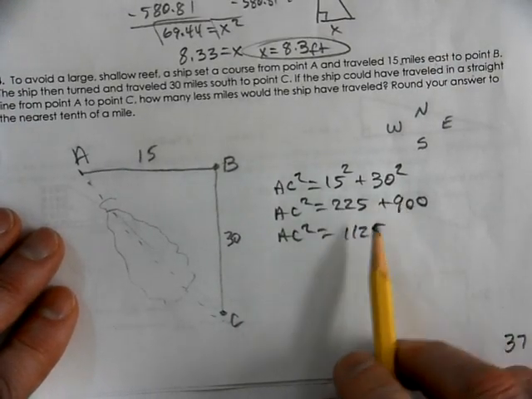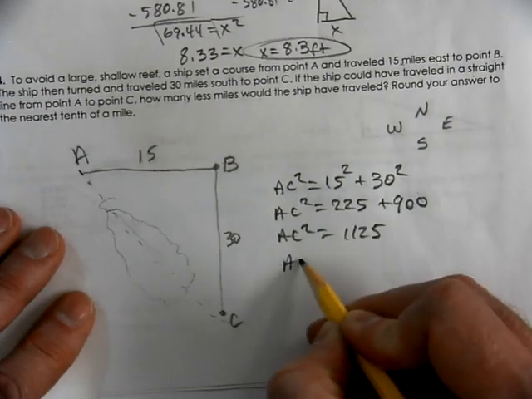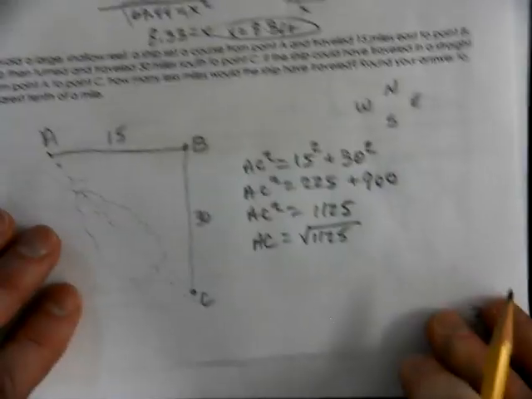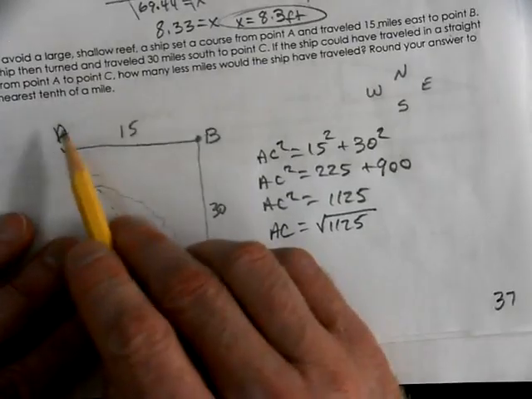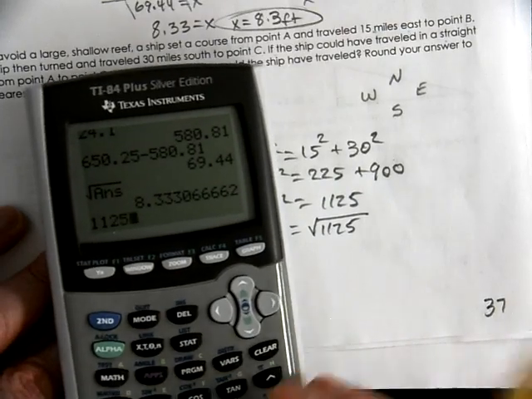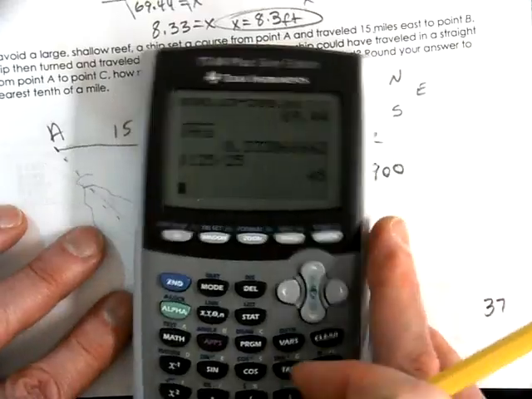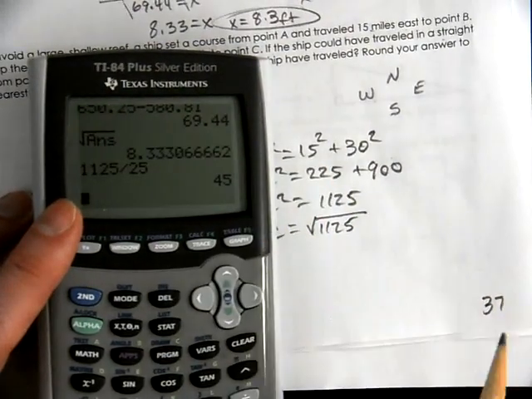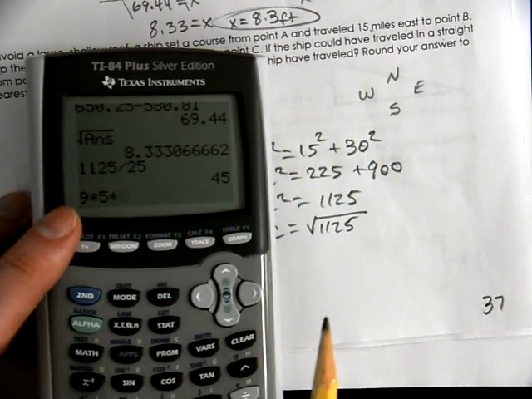So 225 plus 900 is 1125. We take the square root of that. Now I see that it ends in 25. They say give your answer to the nearest tenth, so actually we don't have to divide that up, but this could give us 9 times 5 times 25.